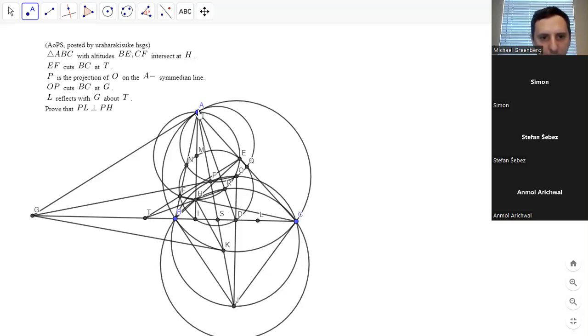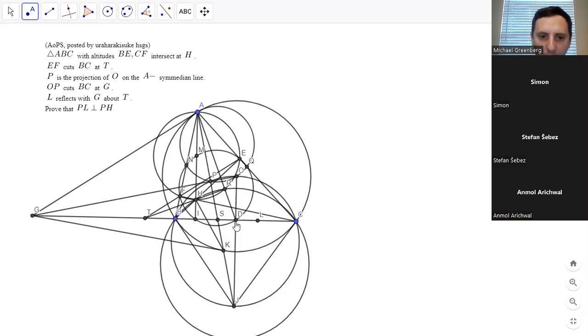Yeah, because if you project through A, then you'd get A, B, C, K. So, okay, that looks like it might be useful. And D is the midpoint of BC. So what does that mean? I forget how the multiplication works, like DC squared is DS times DG. I think that's true, right?